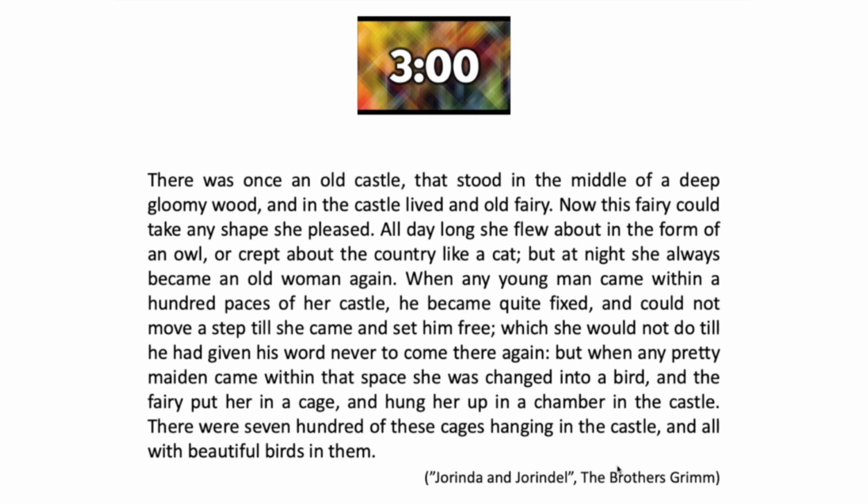But when any pretty maiden came within that space, she was changed into a bird, and the fairy put her in a cage, and hung her up in a chamber in the castle. There were 700 of these cages hanging in the castle, and all with beautiful birds in them.